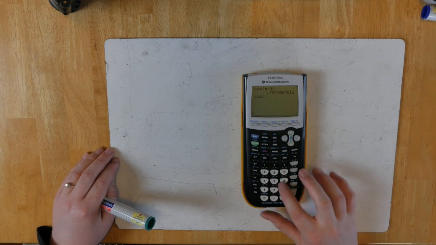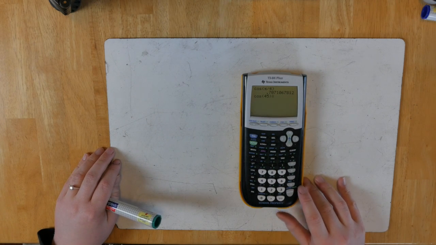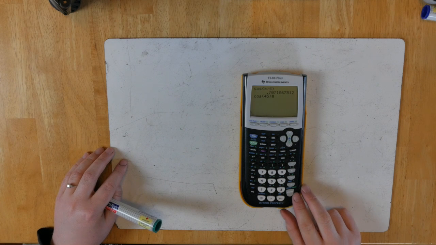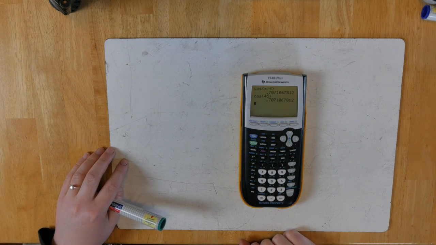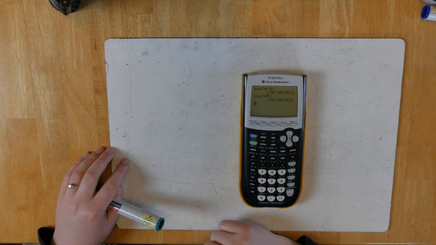I can evaluate the cosine of 45 degrees, the same angle as pi over 4 in a different unit of measurement, and I can get the same answer for the evaluation of cosine at that angle. But I had to change modes before I was able to get the correct answer.